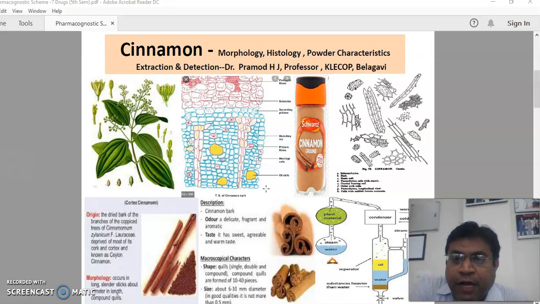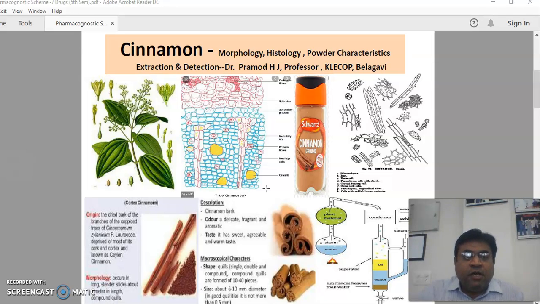That is how we can differentiate the authentic cinnamon powder from any other adulterated or substituted powder, either brick powder or any other powder which has been adulterated with the authentic cinnamon powder.